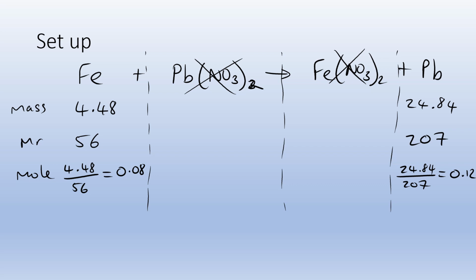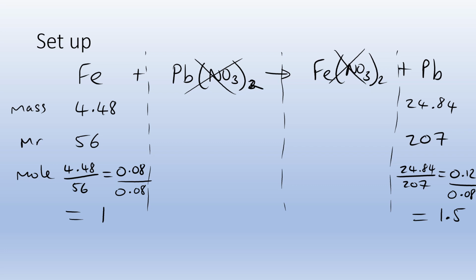Now, just like before, I'm going to look for which one is smaller. So my 0.08 is the smaller of the two numbers, so I'm going to divide both by 0.08. And this is going to give me my ratio numbers. Now, in this case, I get a 1 on this side, and I get a 1.5 on this side.